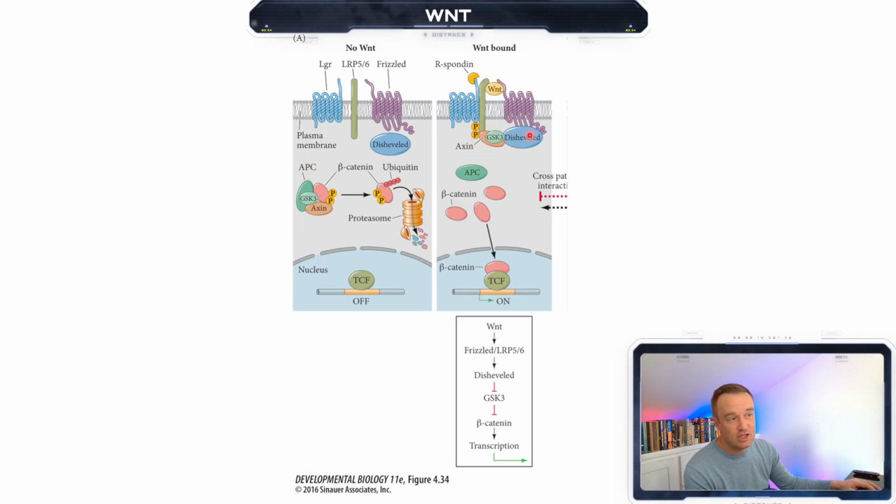So here, disheveled blocks GSK3, and by blocking GSK3, it also blocks axin, because they're complexed together. And by blocking that, beta-catenin is just kind of chilling. It is no longer inhibited by this complex.